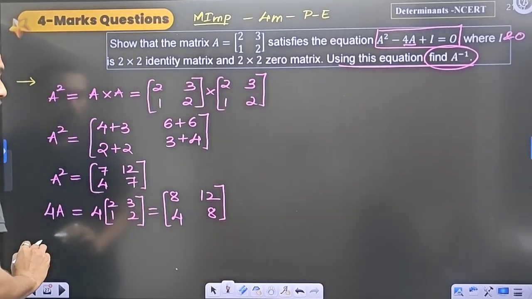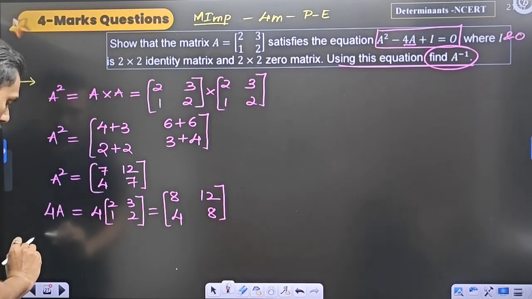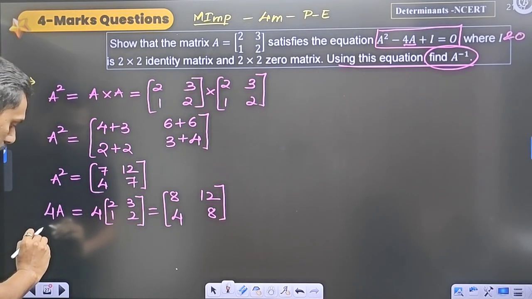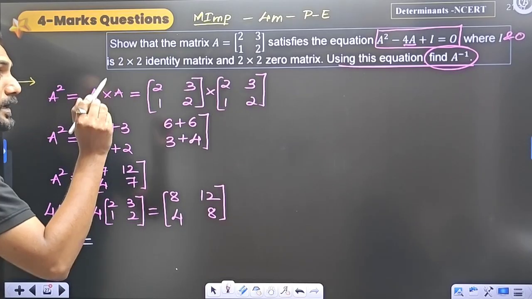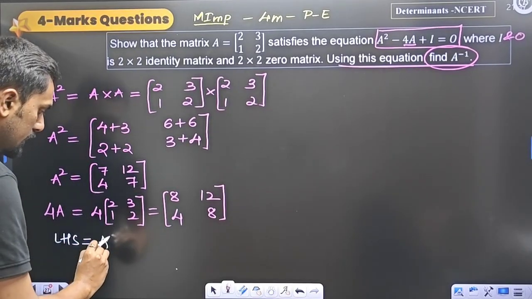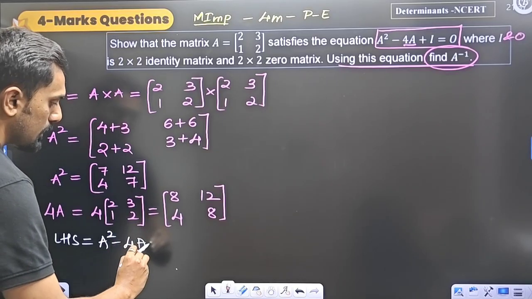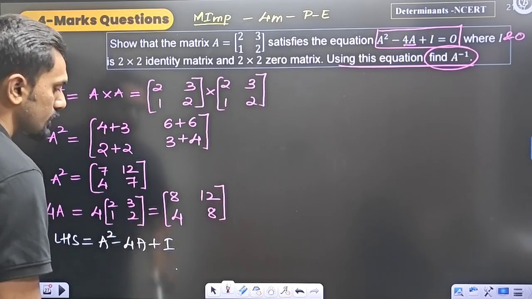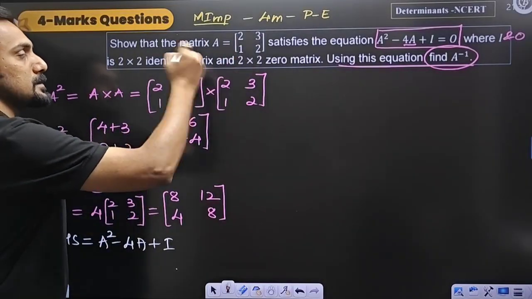Then next, what do we find? We will directly consider the LHS part. So what is LHS? LHS equals A square minus 4A plus I. This is called the characteristic equation of this matrix.